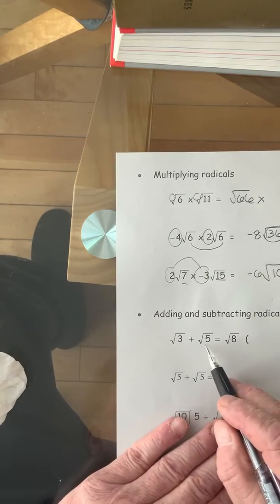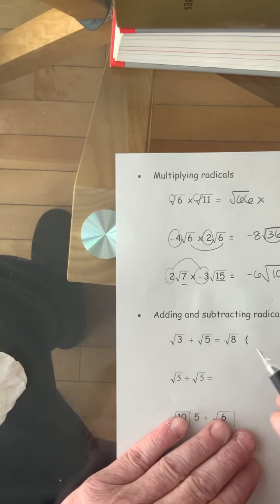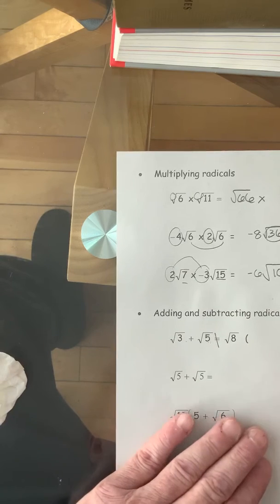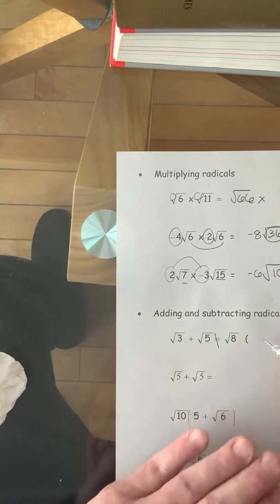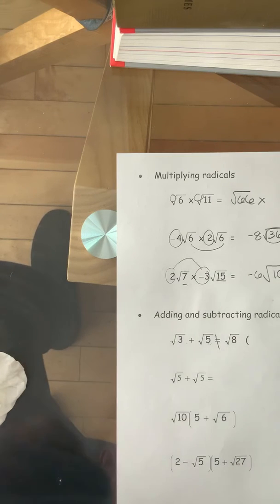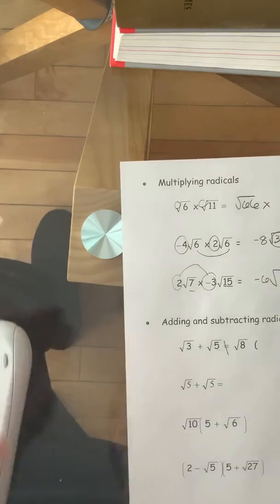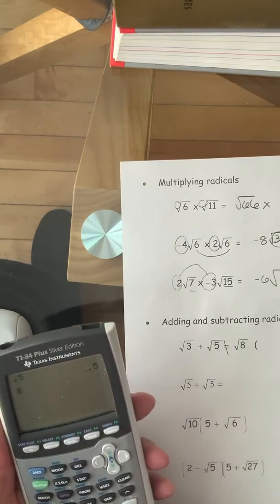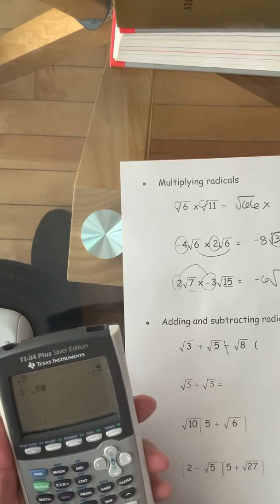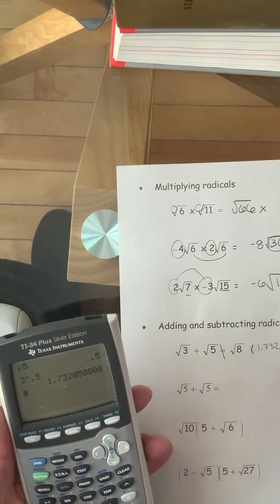Adding, subtracting radicals. Root 3 and root 5, root 8? No, it's not. If I were to work it out on a calculator, root 3 is 1.732.